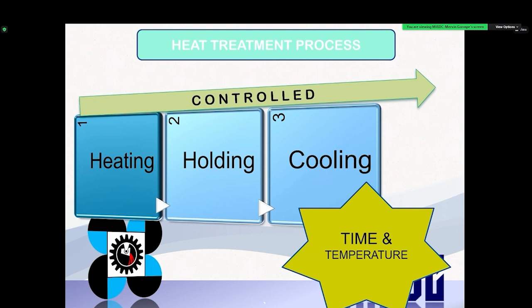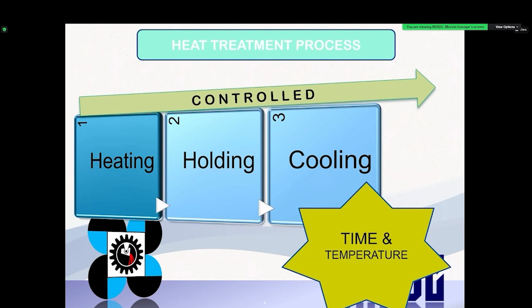So you hold it at that temperature. Dapat hindi bababa, hindi tataas. Doon sa industrial practice, sa ginamit po namin, hindi po kami bumababa ng plus minus 10 degrees Celsius. Ayan. So dapat yung pugon mo, hindi dapat bababa yung temperature mo during the holding temperature, say for example 850 degrees Celsius.